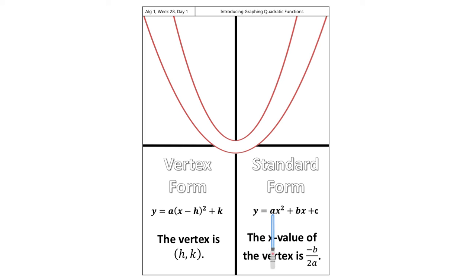But what's cool, in my opinion, is that once you have that vertex and you plug it in and get the y value as well, then this a in front of x squared does the exact same thing as this a in front of our parentheses. It tells us the direction it opens, up or down, and it tells us how fast or how slow it goes up or down. So, like I said, you can use a table of values.